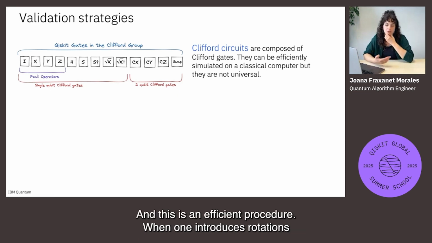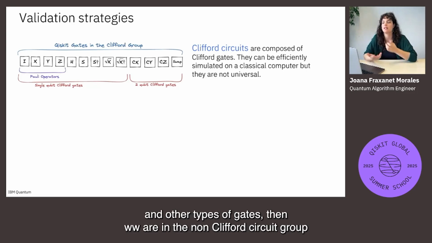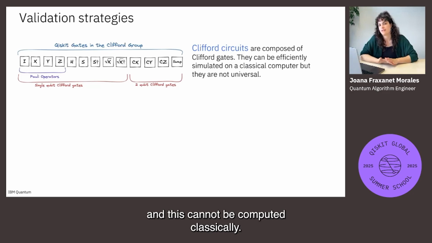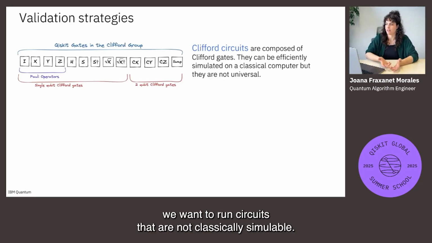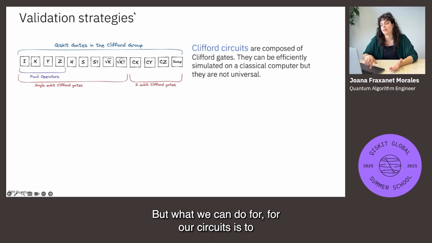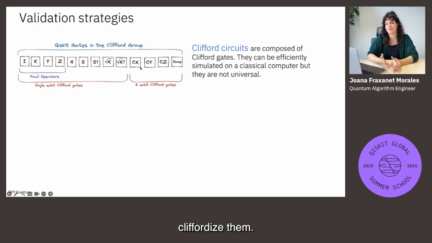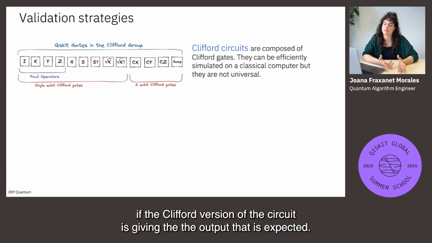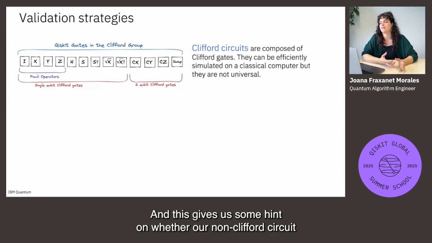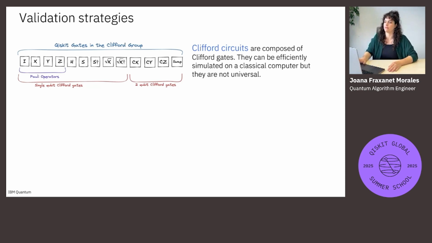When one introduces rotations and other types of gates, then we're in the non-Clifford circuit group, and things cannot be computed classically, which is good because we want to run circuits that are not classically simulable. But what we can do is Cliffordize our circuits, so we change the gates a bit. Then we can check if the Cliffordized version of the circuit gives the expected output, and this gives us a hint on whether our non-Clifford circuit is working well or not.